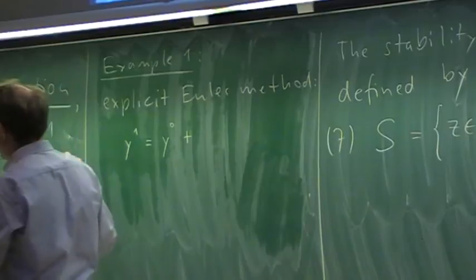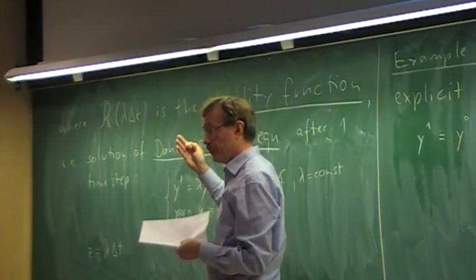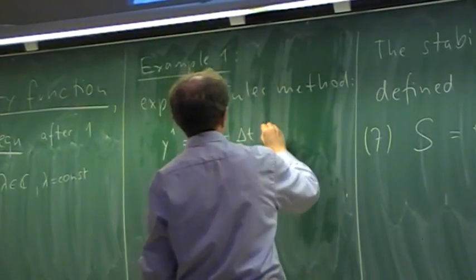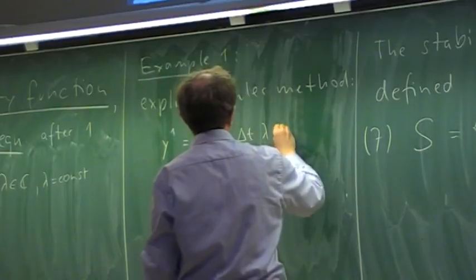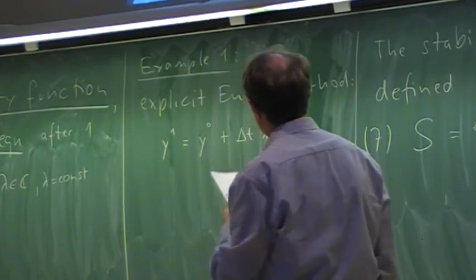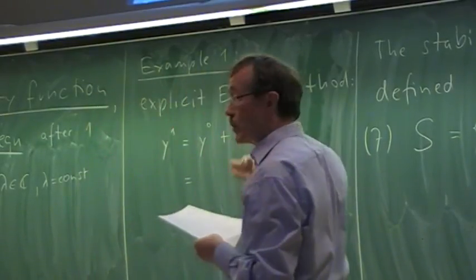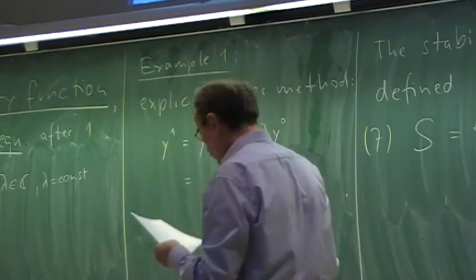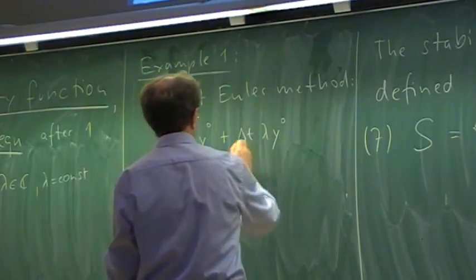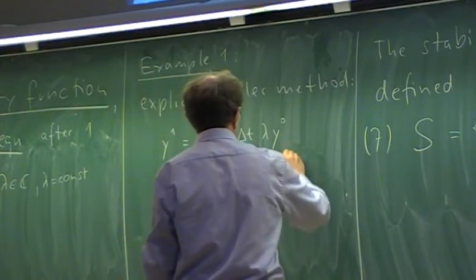We take delta t times this at the old time level. So then we take the delta t times the right-hand side, which is lambda, and the old time level is 0. So we see we can factorize then the y0, that is the solution at the time level 0. And that is then equal to 1 plus, now I write it as lambda delta t, times the y0.